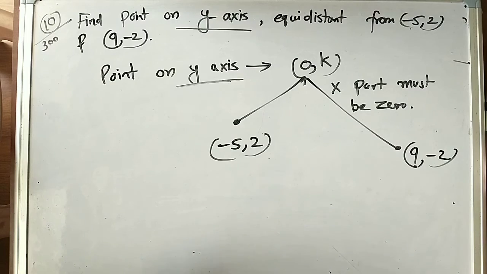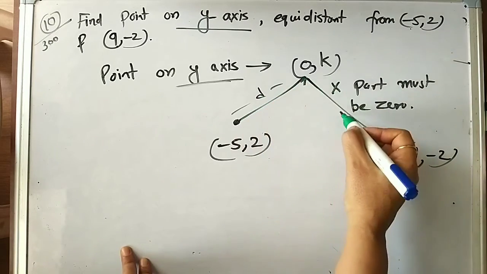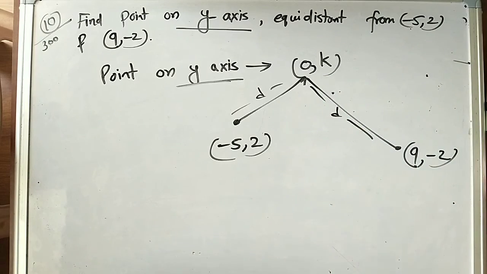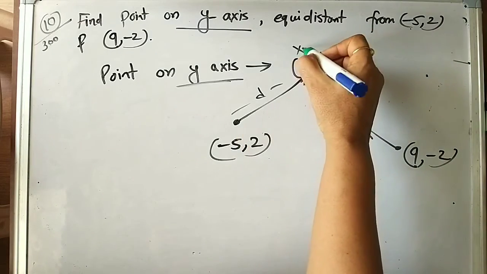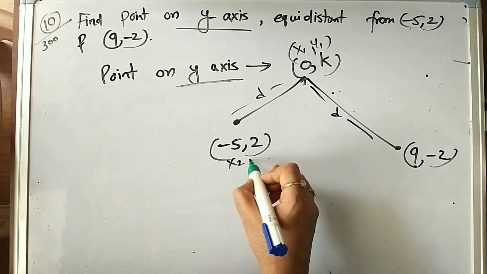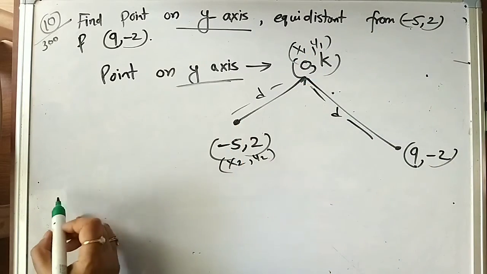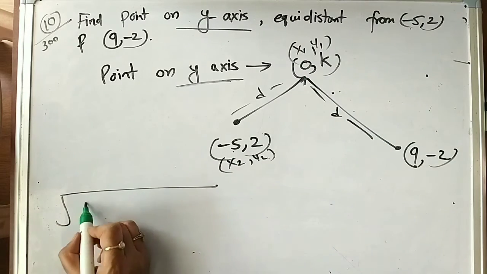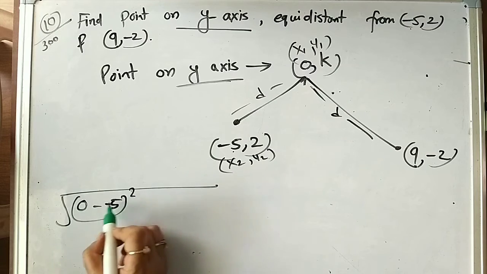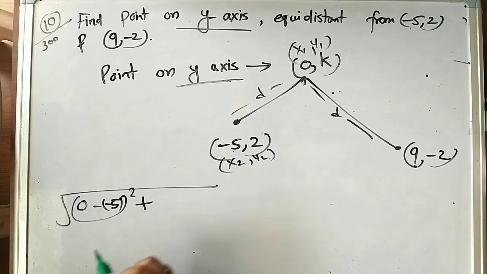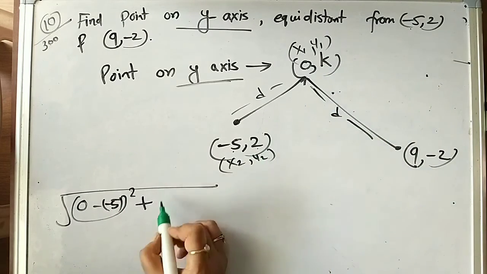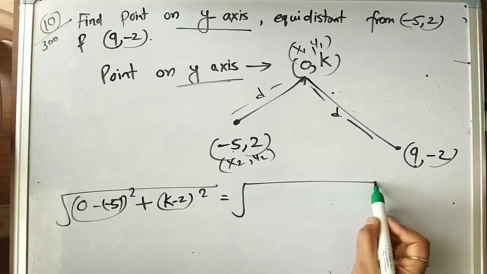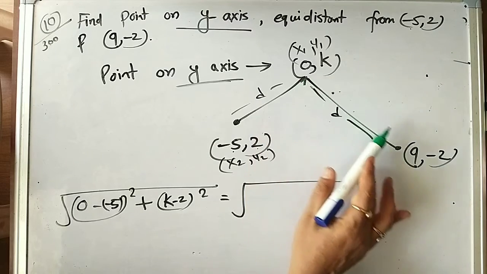So we have to just say this d is equal to this d. Understood? Suppose for this d, this is x1 y1 and this is x2 y2. So what will this d be? This will be root of (x1 minus x2), so 0 minus of minus 5, square, plus (y1 minus y2), which is (k minus 2) square, is equal to root of this distance.